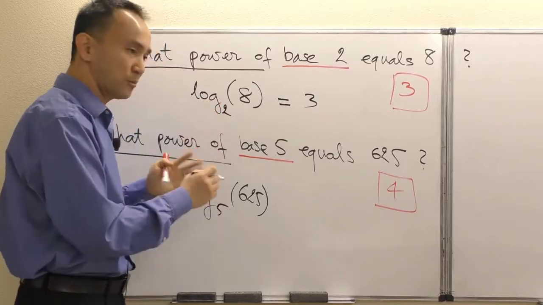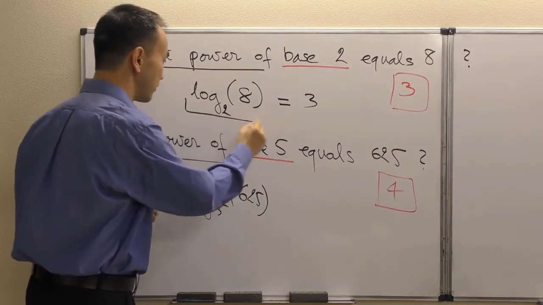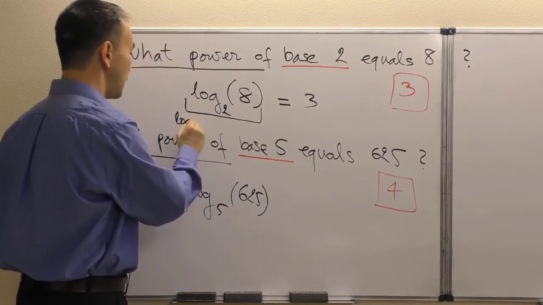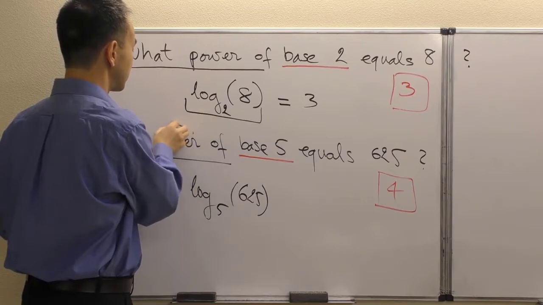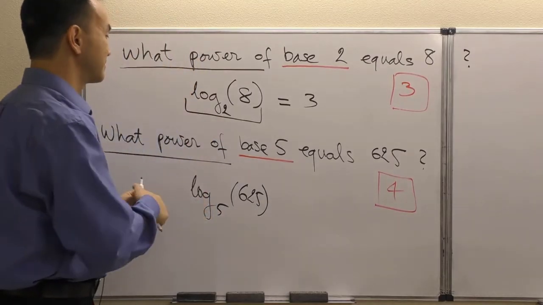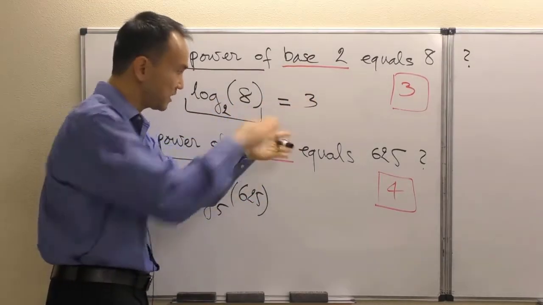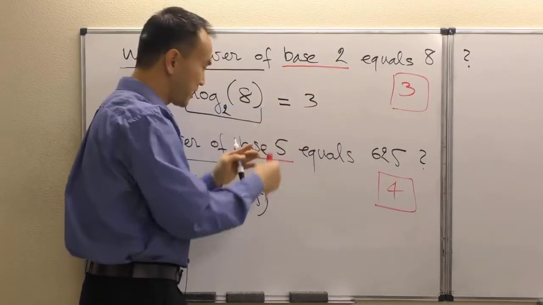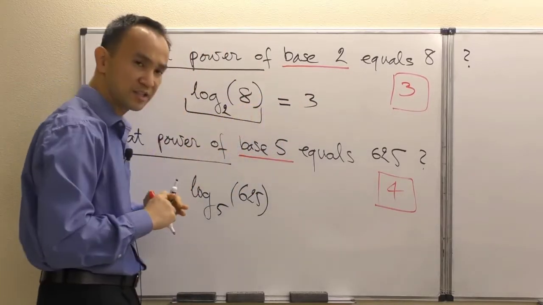So now formally, this whole symbol right here, this is how we read it. With that symbol, it's a question. The part on the other side of the equal sign, starting at the equal sign, is the answer to the question. The whole symbol here is a question.